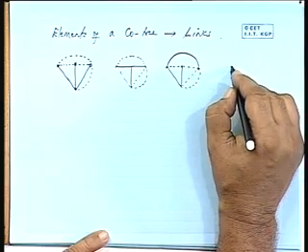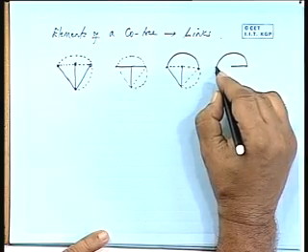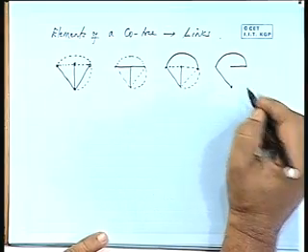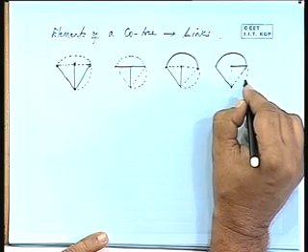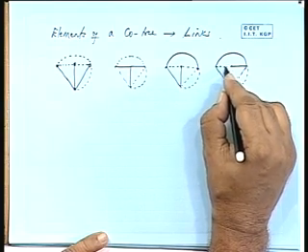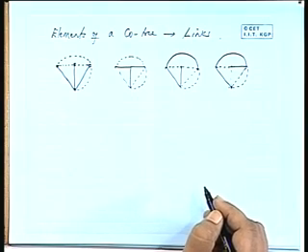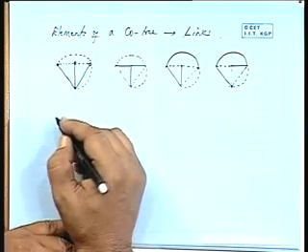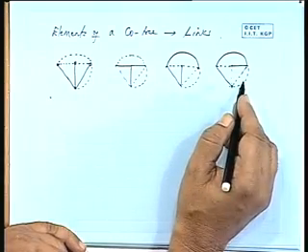The tree can be this one also, then the co-tree is like this. Is this clear?